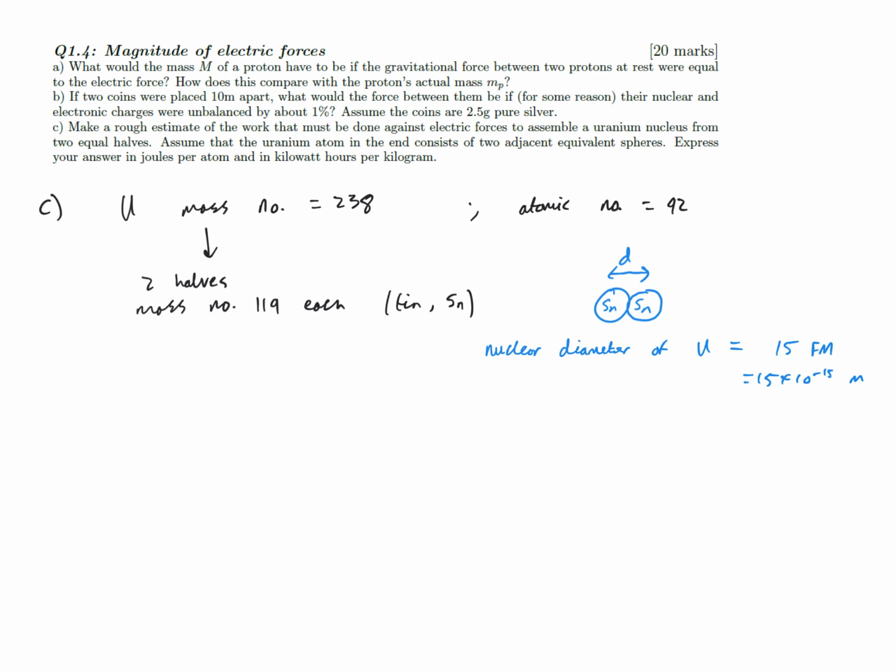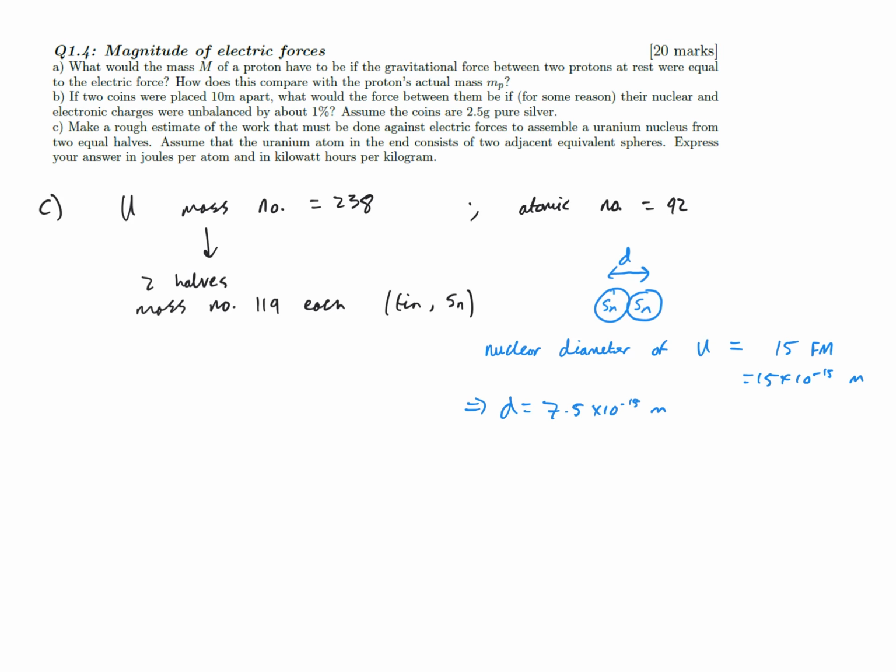So of course it's incredibly small. So we're assuming that the centers of the positive charge of the two tin nuclei are going to be 7.5 times 10 to the minus 15 meters apart. So half of that nuclear diameter of uranium. Of course, this is an approximation, but this is just a ballpark figure that we're trying to come up with here.